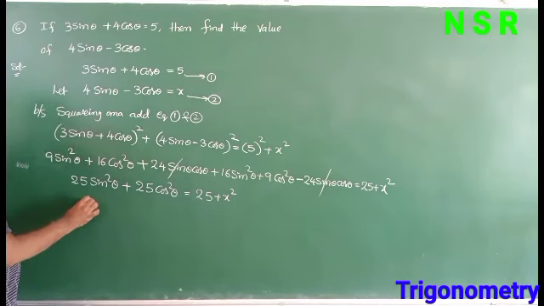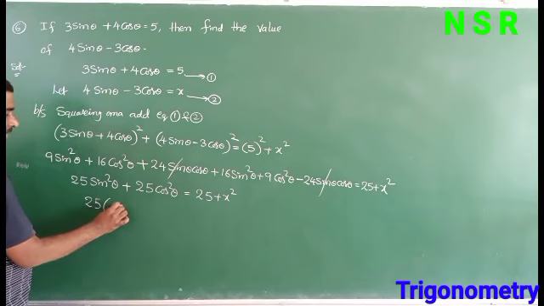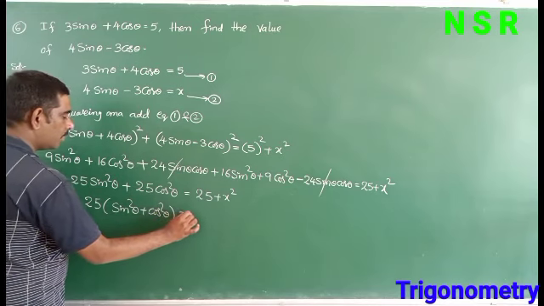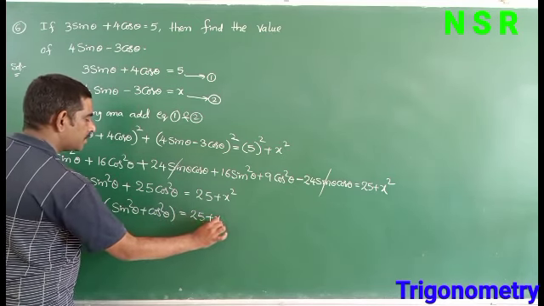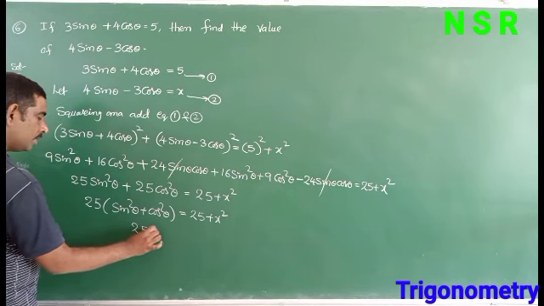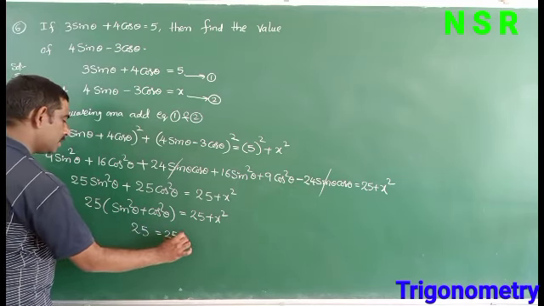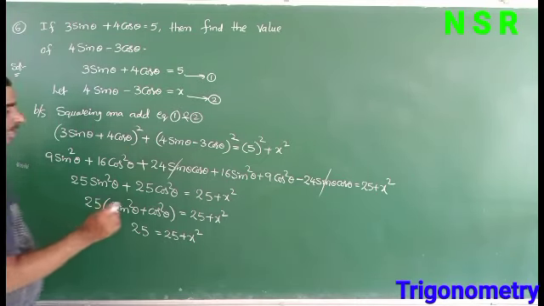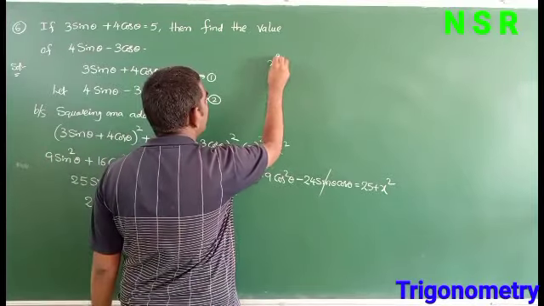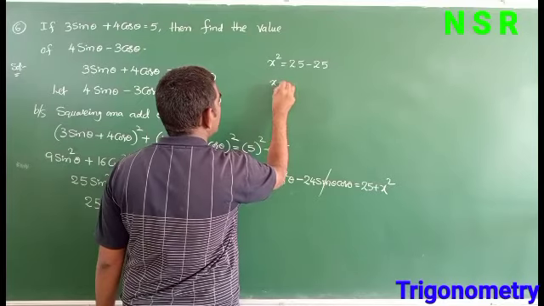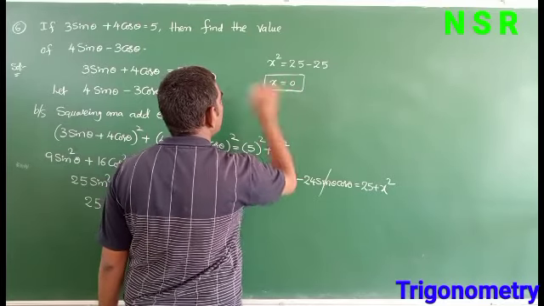In these two terms take 25 common, we get sin square theta plus cos square theta equal to 25 plus x square. Sin square theta plus cos square theta value 1, 1 into 25, 25 equal to 25 plus x square. So this 25 move this side, we get x square is equal to 25 minus 25, which is 0, so x value is equal to 0.